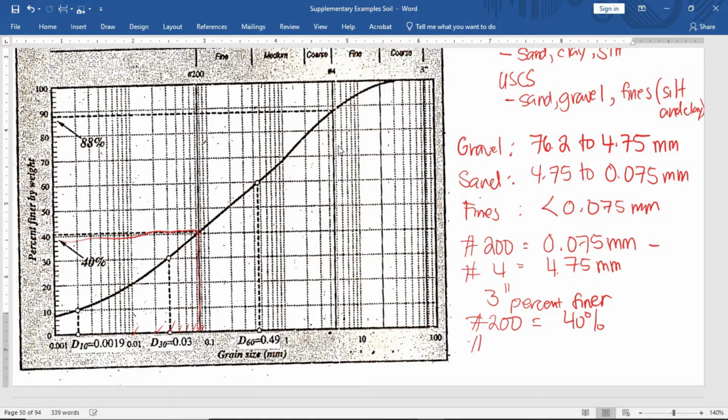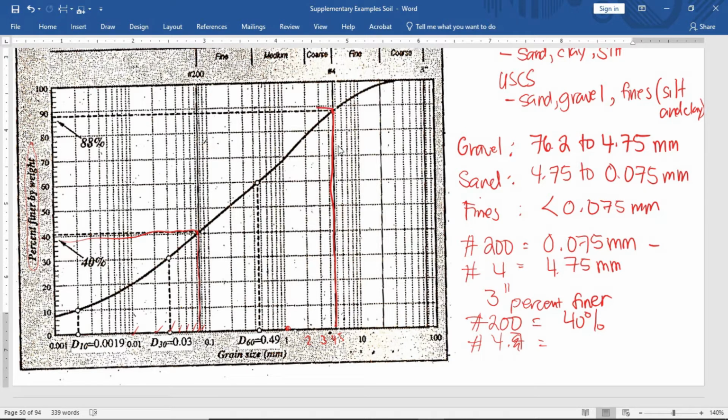And then, sa number 4, which is 4.75 mm. Kung ito ay 1, ito ay 2, ito ay 3, ito ay 4, ito ay 5. So, between ito ang 4.75. Taas lang natin. Kung saan tumama, yun yung percent finer natin. Kasi ito, percent finer.